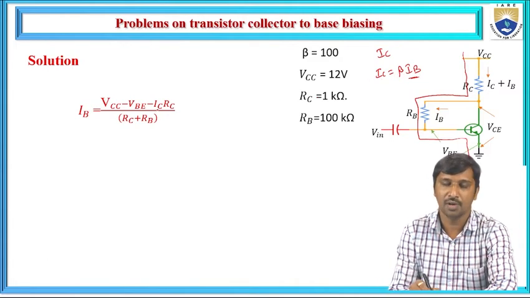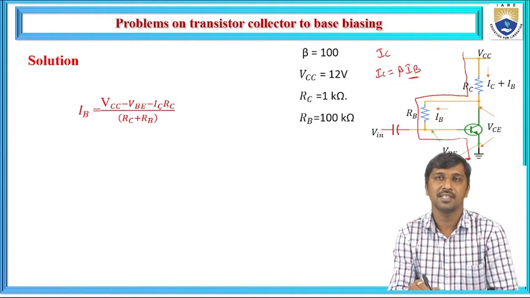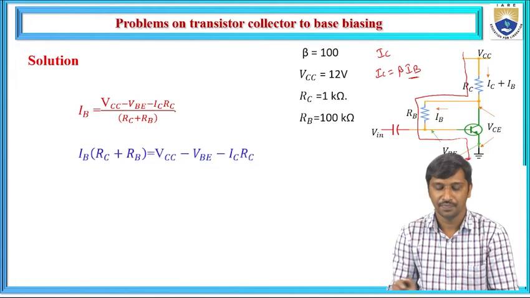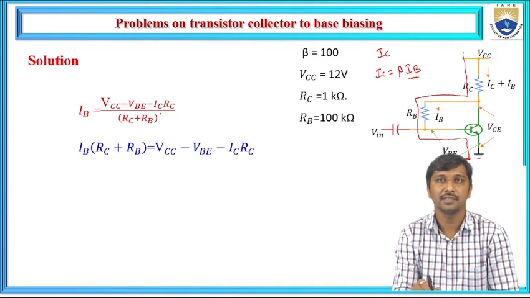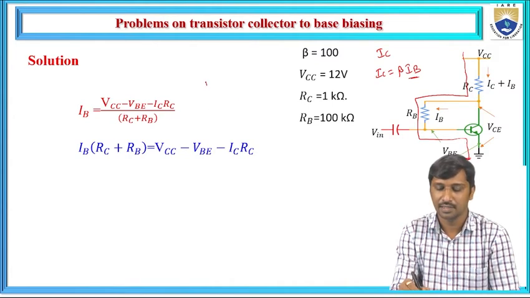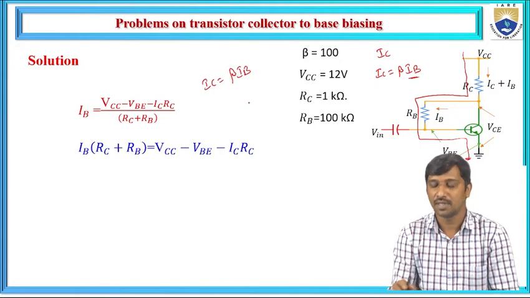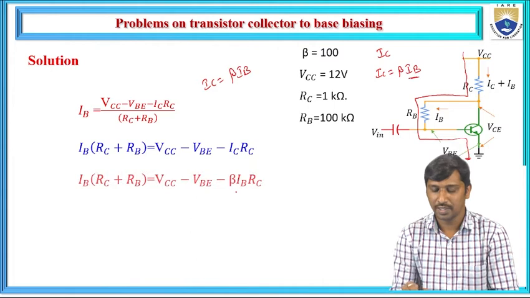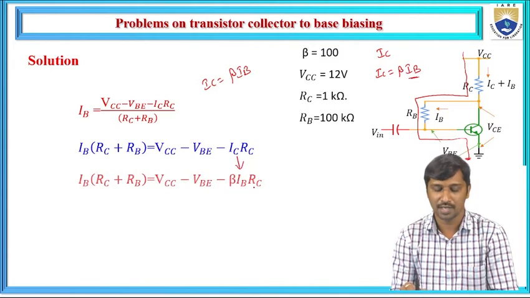Hence, I'm going to replace IC with beta times IB. Further simplification: cross multiplication gives IB times RC plus RB, that is equal to VCC minus VBE minus IC times RC, where IC is replaced with beta times IB.